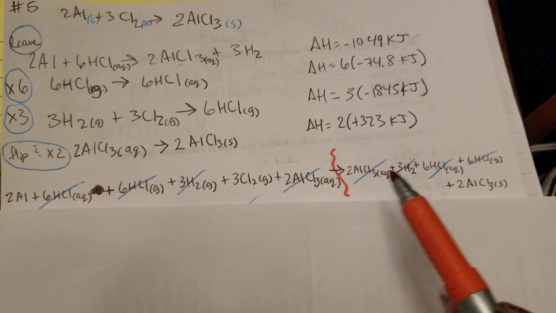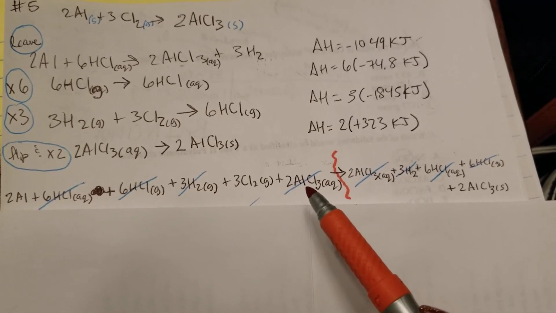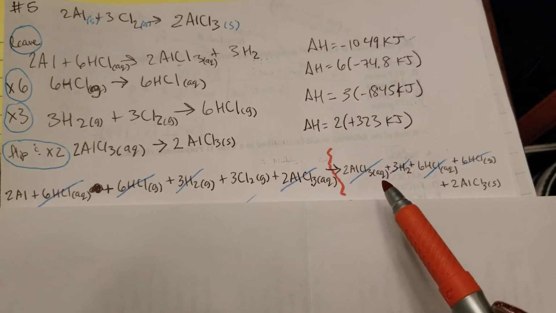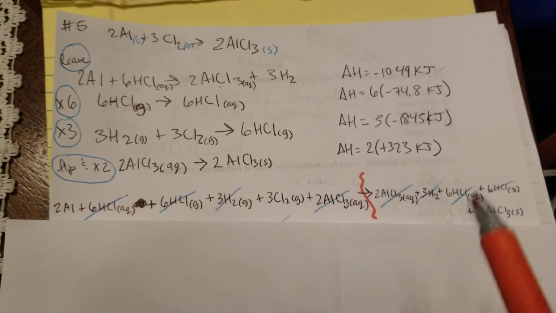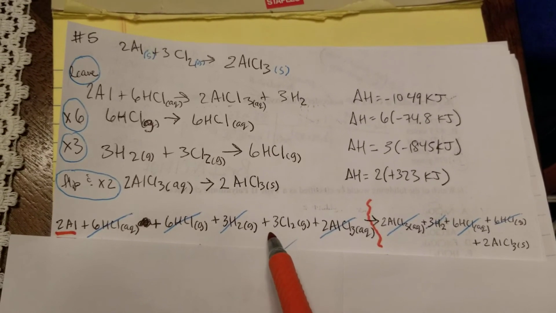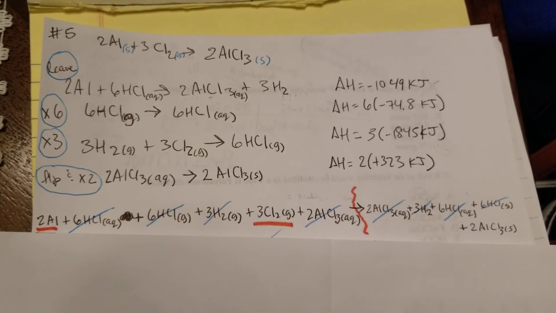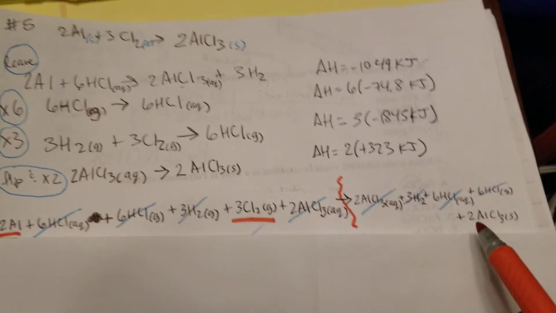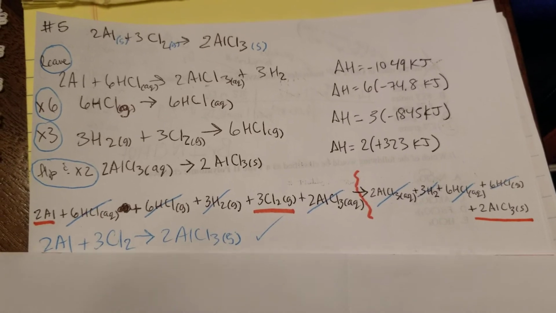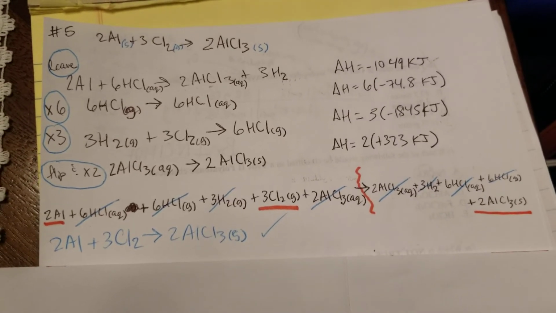The 2 moles of aluminum chloride aqueous cancel. And what we have left over is only 2 aluminums plus 3 Cl2 gas, forming the 2 moles of aluminum chloride solid, which is our overall equation.